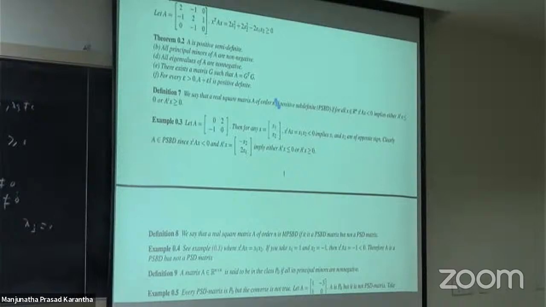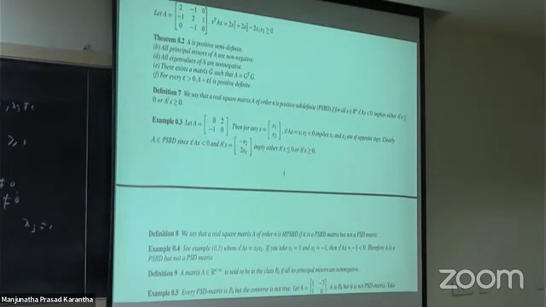Okay, PSPD matrix, I have already explained that if you write down the quadratic form, 0 2 minus 1 0, the quadratic form x transpose A x will be in x1 x2.